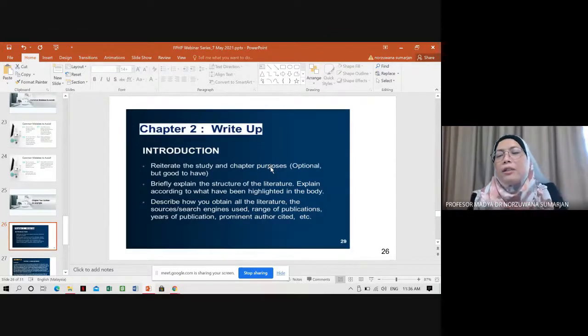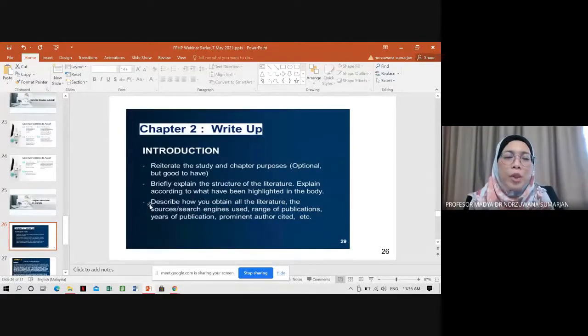This chapter discusses the relevant literature. This chapter discusses all the literatures that have been used in this study. Just a simple statement like that. Okay, and then you want to reiterate the overall purpose of your study. Then you put in the chapter purposes.